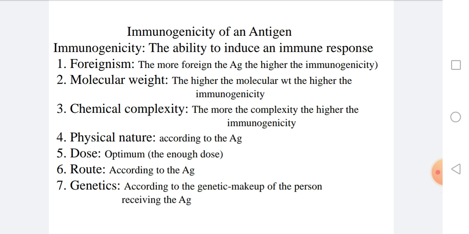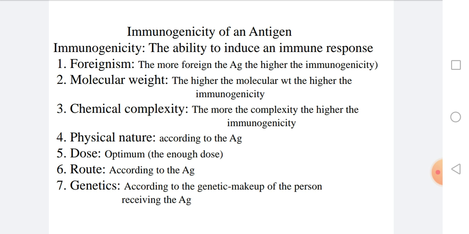Immunogenicity of an antigen. Immunogenicity is the ability of the antigen to induce an immune response. So it can be high or low. The extent of the immunogenicity depends on: One, foreignness.